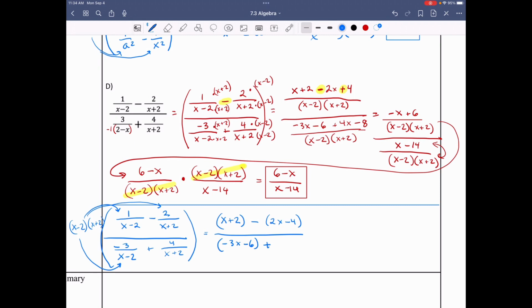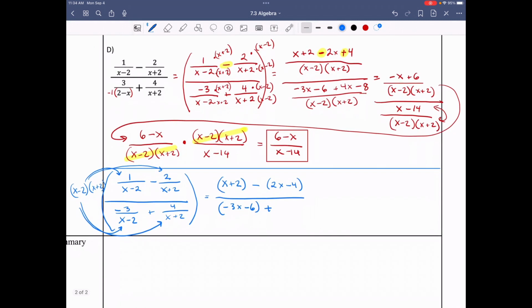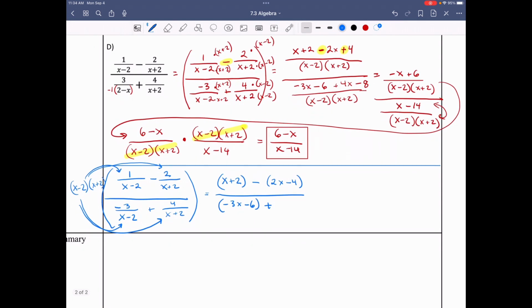Plus, multiply these ones. So the x plus 2's cancel. 4 times x is 4x, and 4 times negative 2 is negative 8. All right. Now we're going to collect like terms, because of that minus.